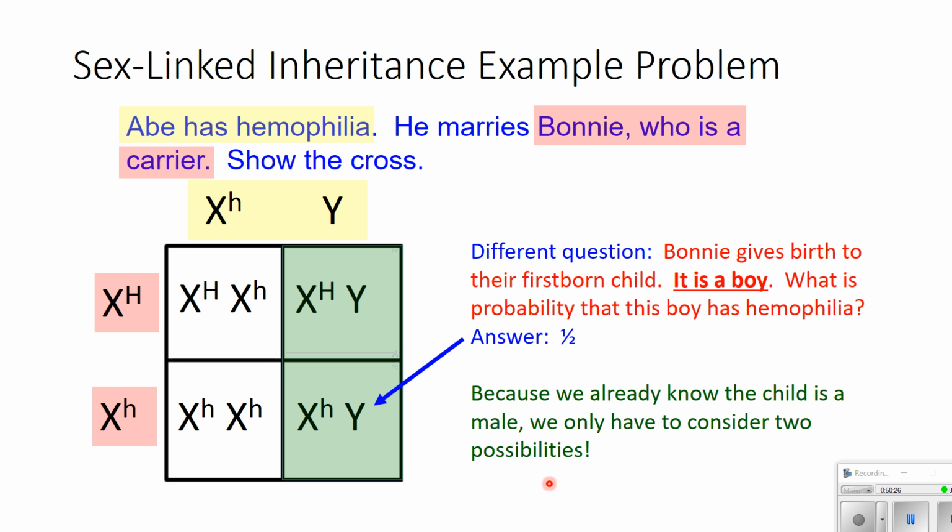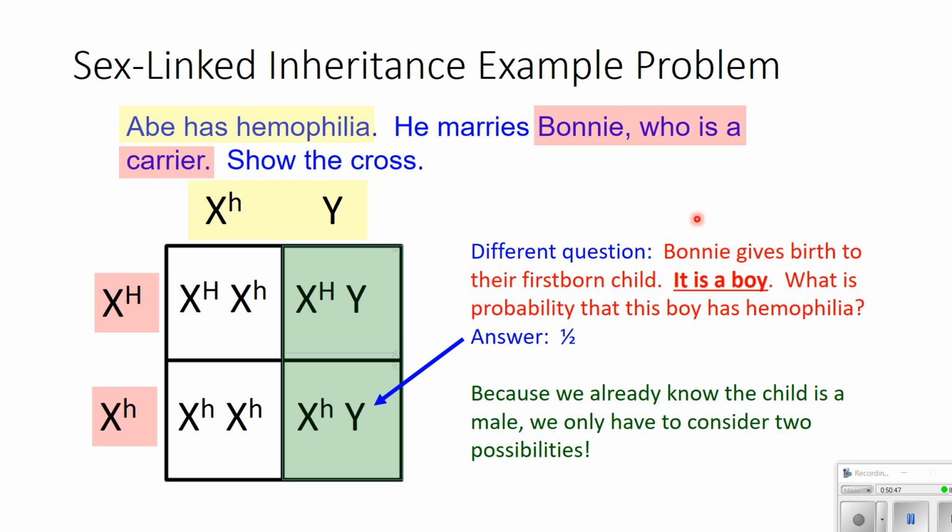separate question, totally different question. Same Punnett square, but this time listen to how I worded the question. Bonnie gives birth to their firstborn child. It is a boy. Now, what is his probability of having hemophilia?